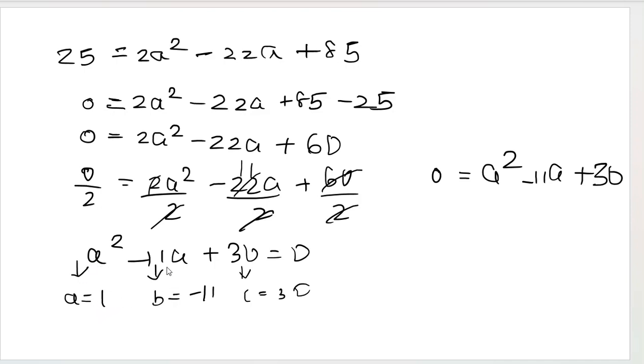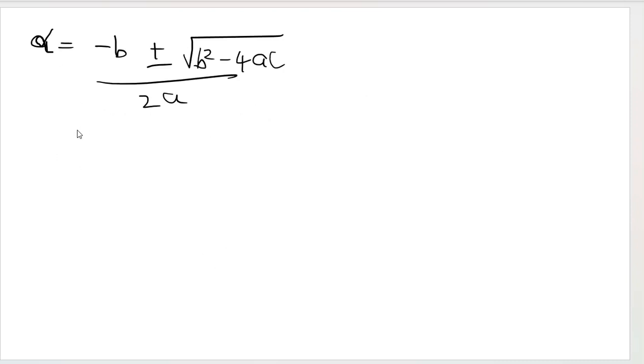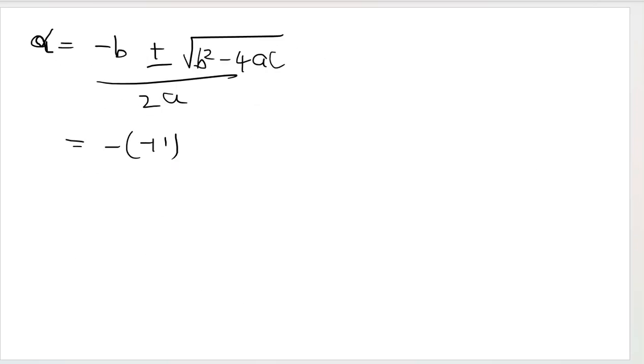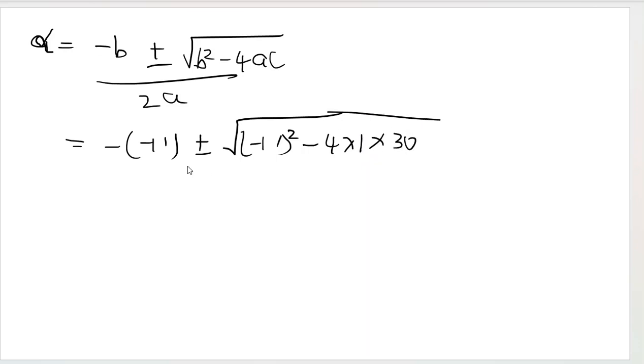So we insert all of them. B is minus 11, A is 1 and C is 30. So it is minus b, that is minus of minus 11, plus or minus the square root of (minus 11) the whole square minus 4 into 1 into 30, upon 2 into 1.